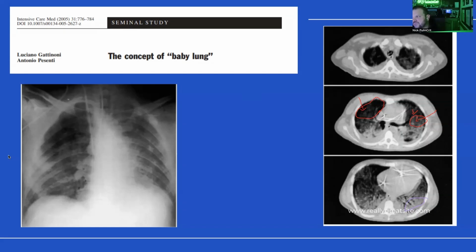The last slide, I'd very briefly go over the recruitment to inflation ratio, which was something that Laurent Brochard and their group and Eddie Fan and a couple other people did. So we talk about recruitability a lot, and that's an abstract concept. With the recruitment to inflation ratio, they try to demonstrate how much lung was recruitable in this baby lung construct, because what they proposed was that there were two compliance curves, the curve of the baby lung and then the curve of the recruitable lung.